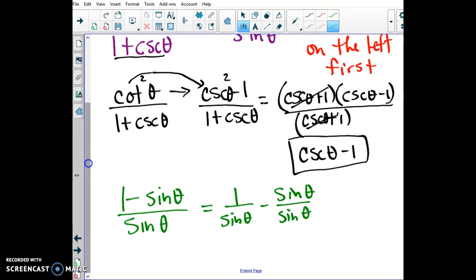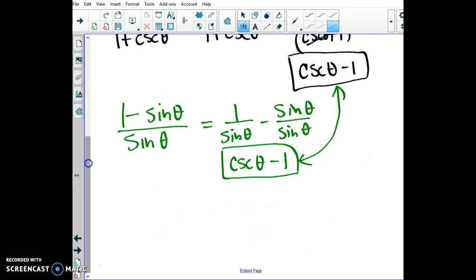We've just renamed the fraction. And 1 over sine theta is cosecant of theta, and sine over sine is just 1. So we have proven that these two both simplify, or can be rewritten, as cosecant theta minus 1.